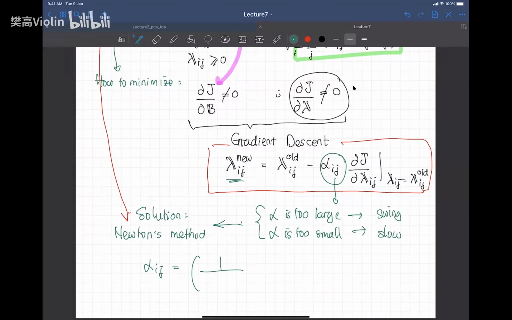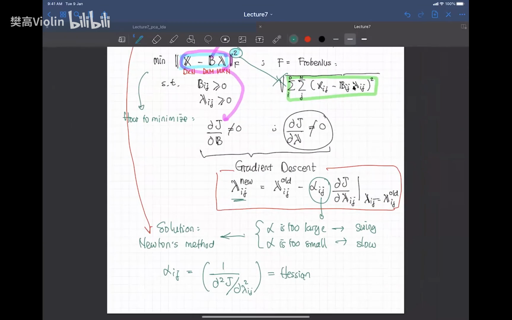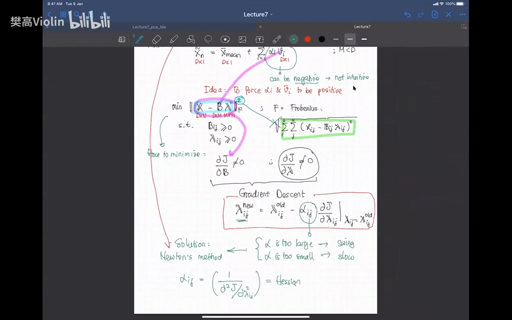If you use a single variable, not a matrix or vectors, then it will be d square J over d lambda Ij square, which is actually the Hessian. If you use vectors, then it will be the Hessian matrix. Okay, so that's the basic idea of this NMF. Any questions so far?